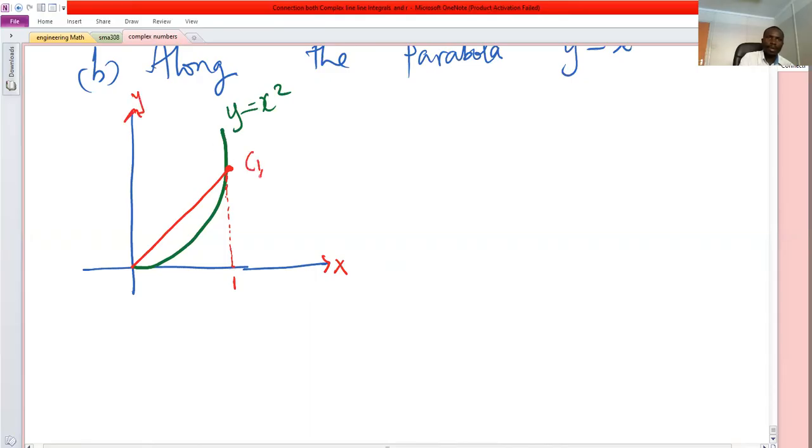So this is the point 1, 1. This is 0, the point z0. This is the point z1. So along this curve here, y equals to x squared means dy equals to 2x dx.